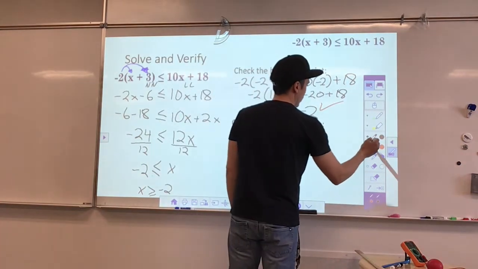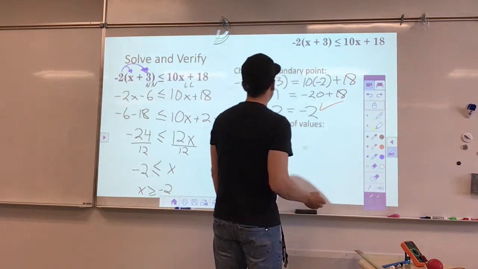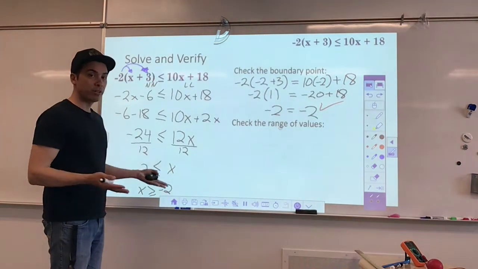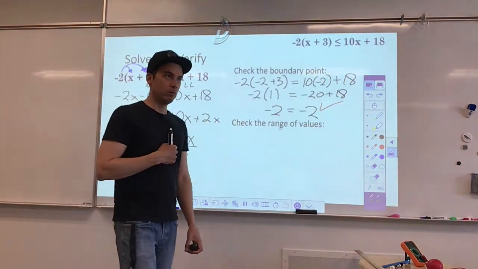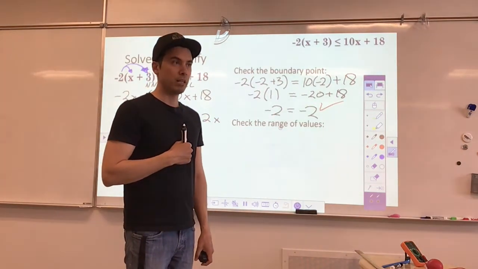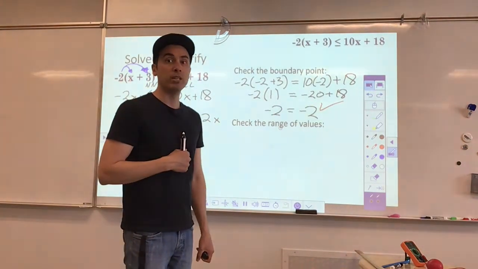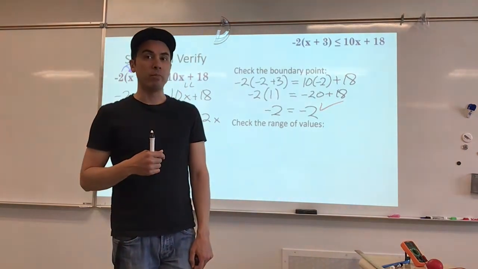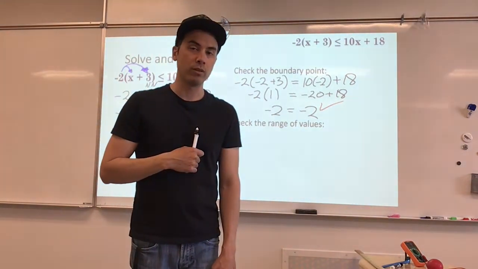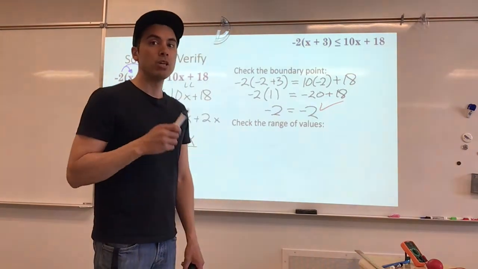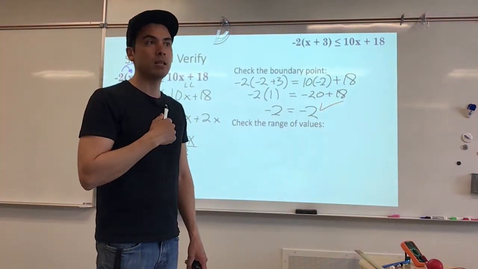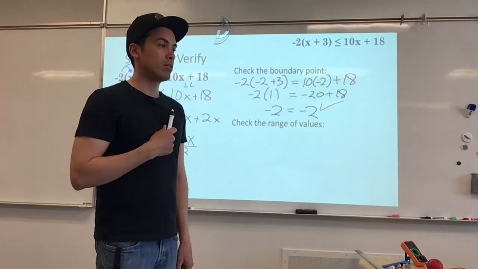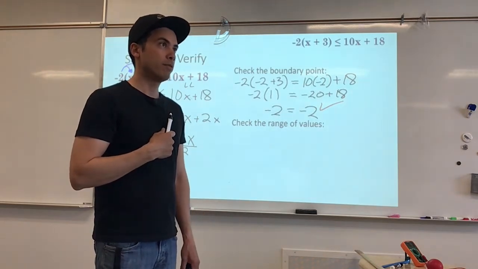So now I'm going to test the range of values. My solution said x has to be bigger than or equal to negative 2, but now I want to choose a value of x that's bigger than negative 2. I talked about in our last video that if you can pick 0 as one of your possible choices in your range of values, you should do that because it's easy to add things to 0, and multiplying and dividing by 0 is easy.